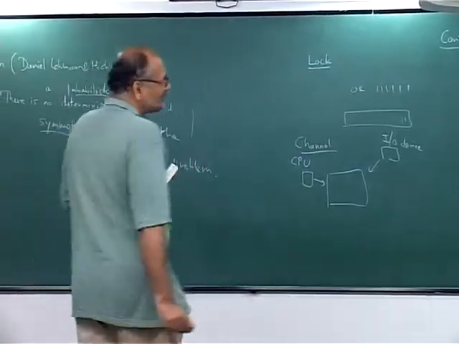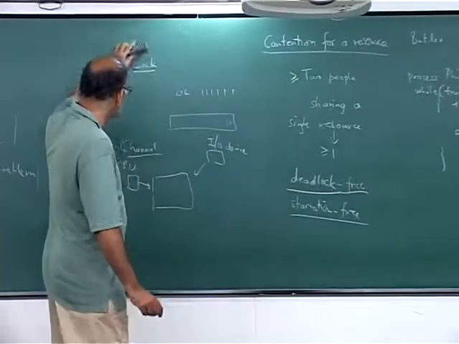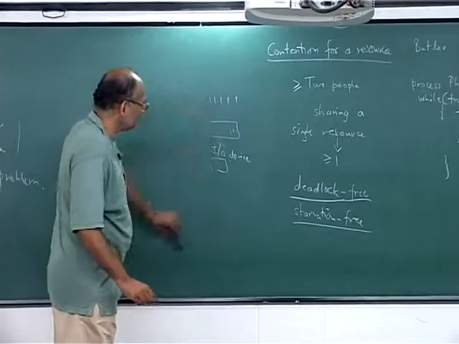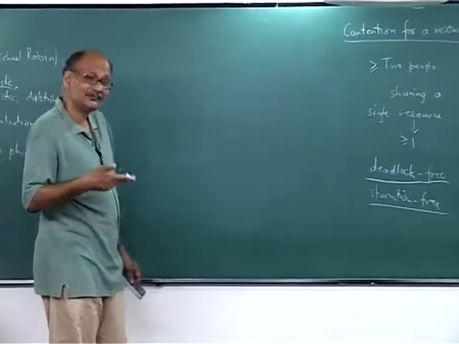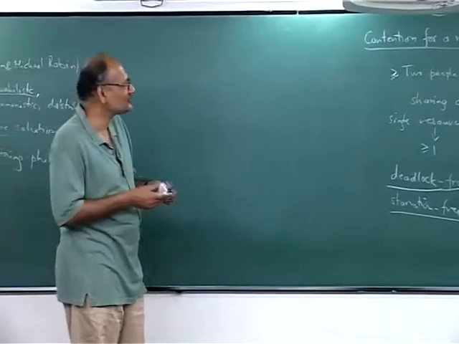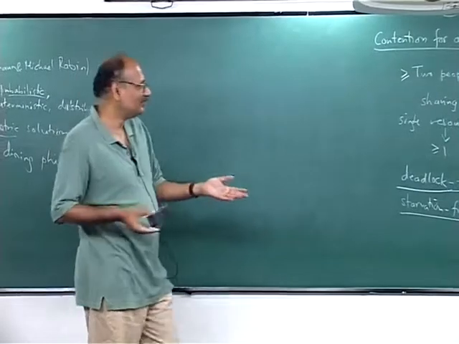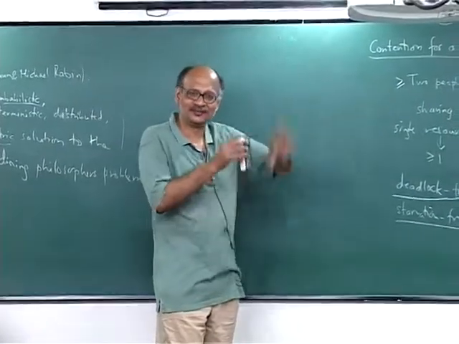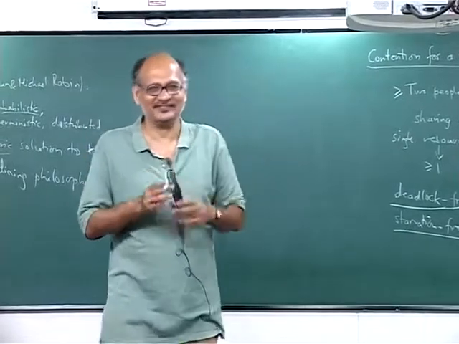Dijkstra said the solution I will use is the following. Dijkstra thought in a very original way. All of us encounter these kinds of problems in computer science, but it takes somebody like Dijkstra to think of philosophers thinking and eating and model it in a completely different way.